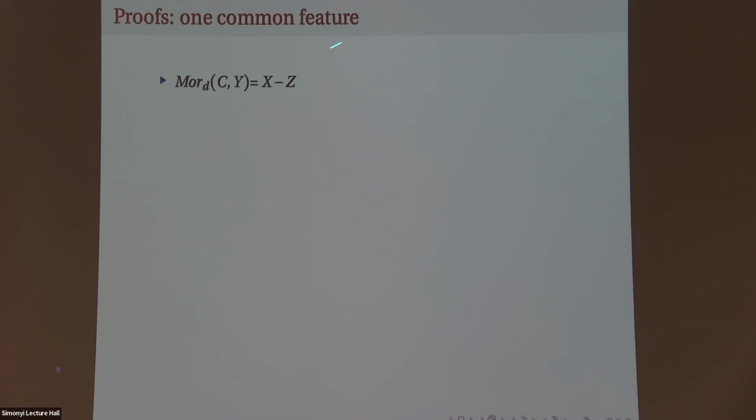Even in general, if I can write this morphism space as X minus Z, where at least X is something good, in the sense that its cohomology is tractable, and Z is, well, if not good, then maybe it can be replaced by something good.